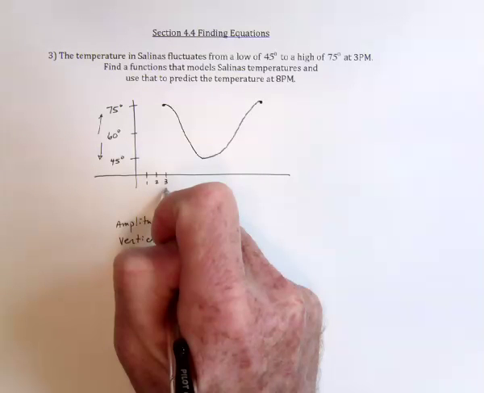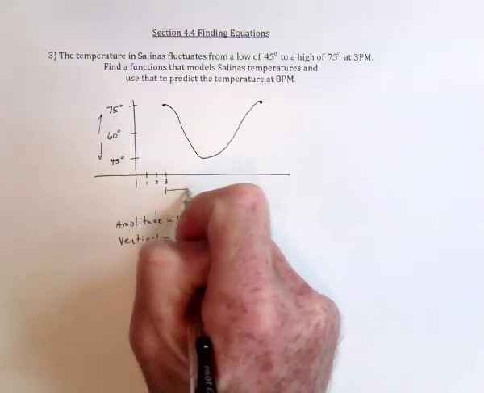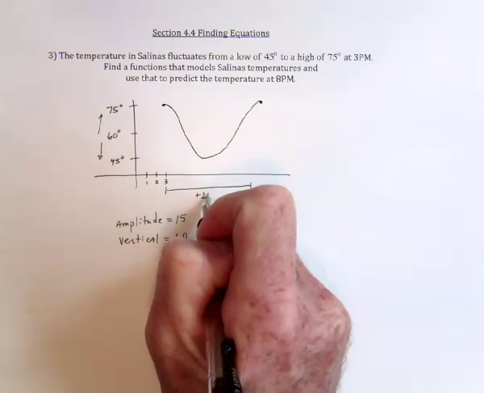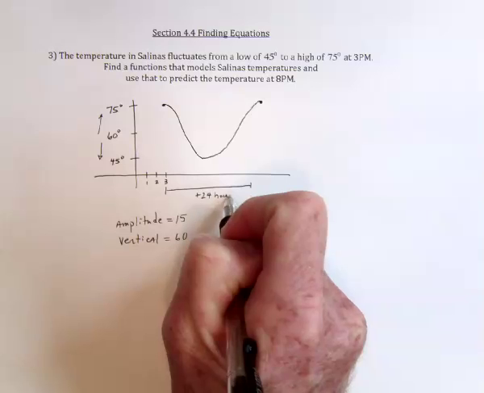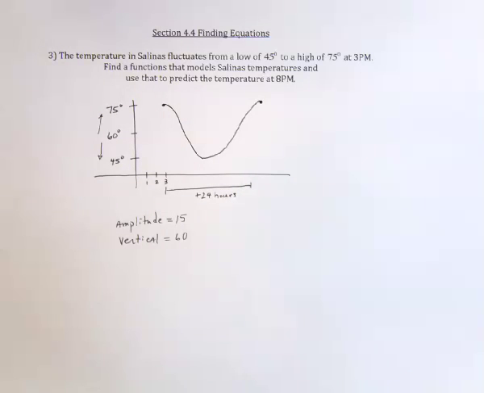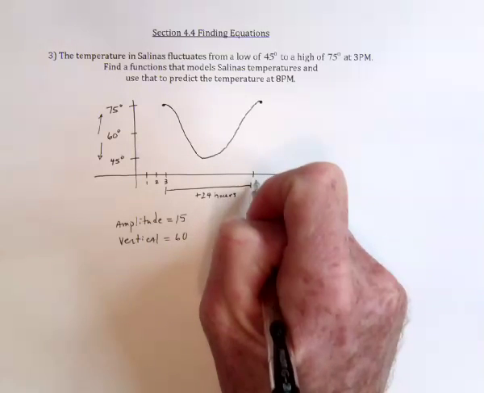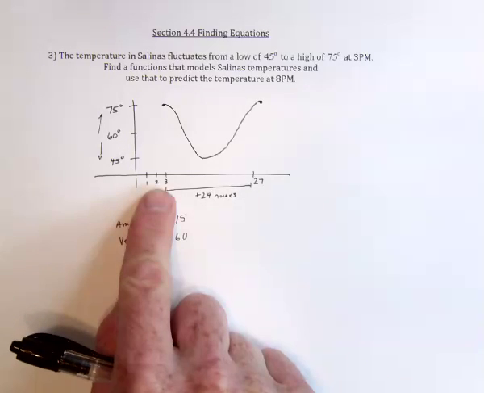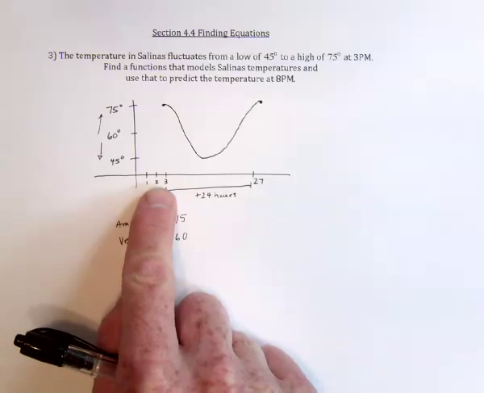So if it's the next day, then from here to here is going to be 24 hours. Since we're dealing in hours, 3 p.m. to 24 hours later is going to be at 27 p.m. So we've got the period is 24, as well as we've got a phase shift of 3.